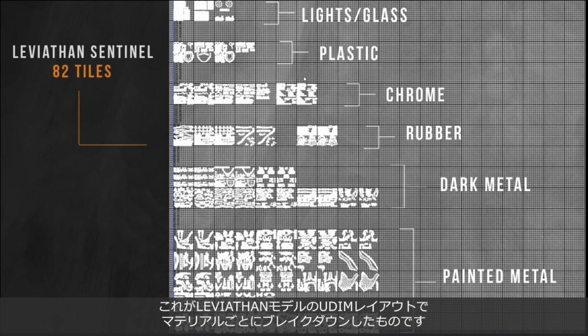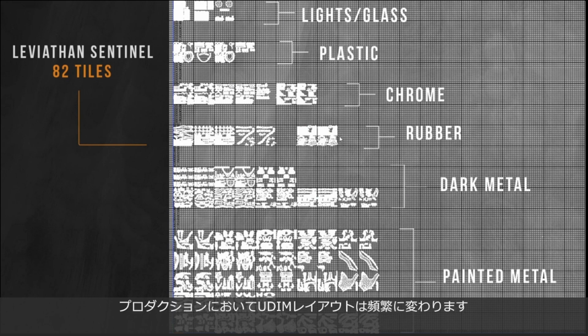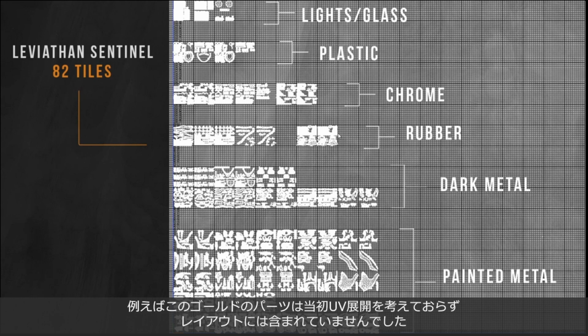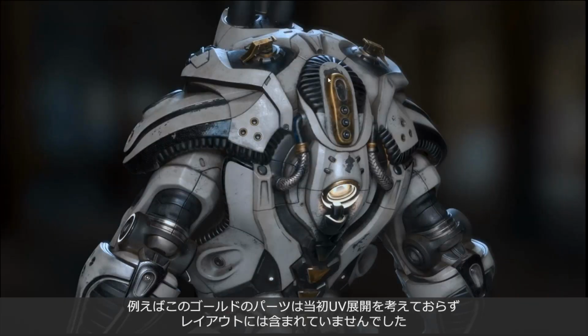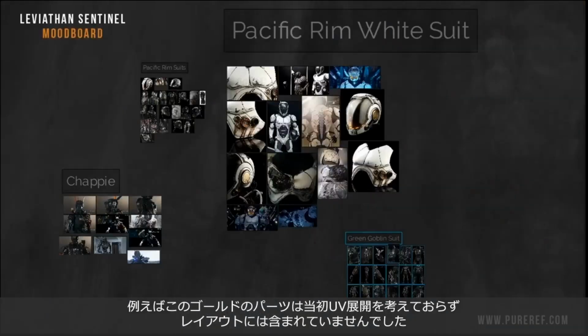This is just a breakdown of my UV set, my UDIMs for Leviathan. That's how I broke it down into materials. A lot of people ask me if this is the final layout, if I ever change this. I mean, especially in production, this changes a lot. In this case, if you look at the final render, I had these brass pieces, these golden pieces here, that I didn't think about in the beginning when I was making my UVs.